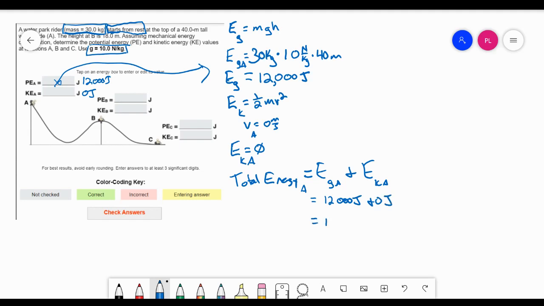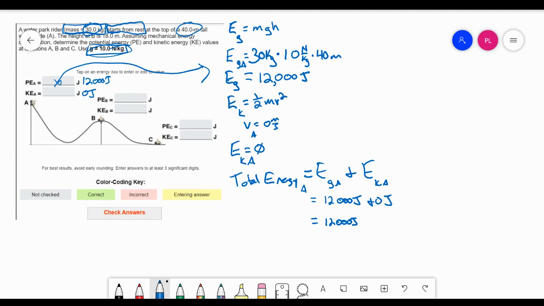Our total energy is 12,000 joules. Now, that's for this question with 30 kilograms there, 40 meters there, and G being 10. If you have different numbers there, you're going to have to plug them into the equations a little bit differently.